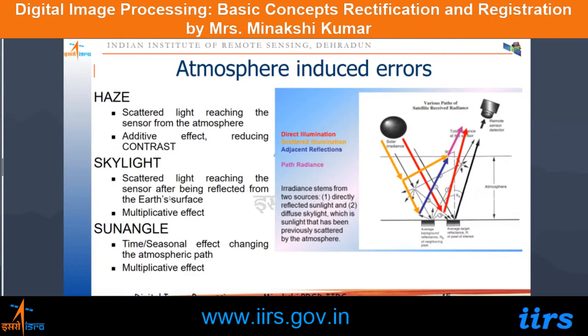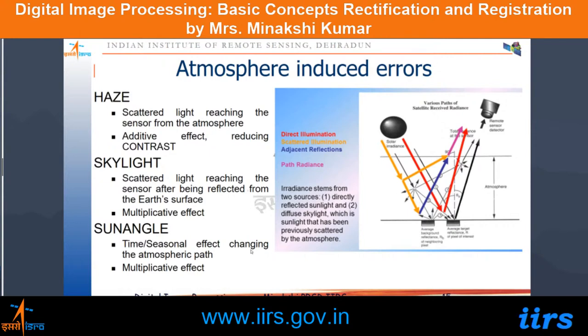So scattered light reaches the sensor after being reflected from the sun. That means reflection is here, this was coming here, this is reflection, and then it gets scattered, and that also is reaching the sensor. So you can see it's a multiplicative effect, which adds. So this is very complex, and the value gets distorted.